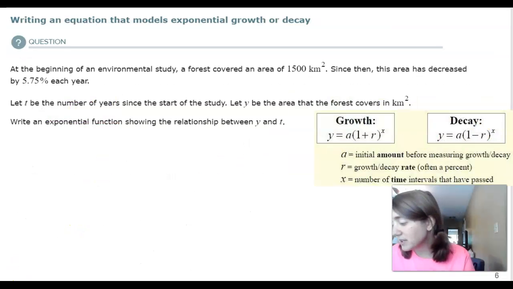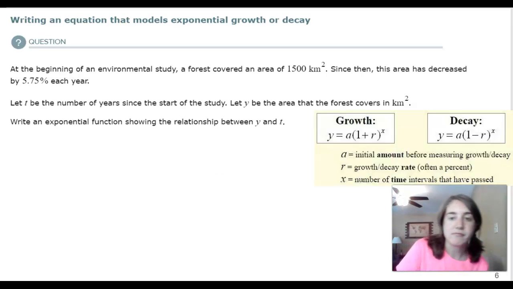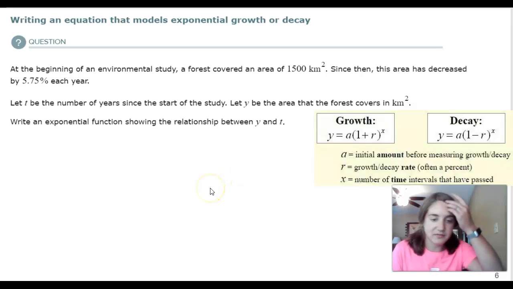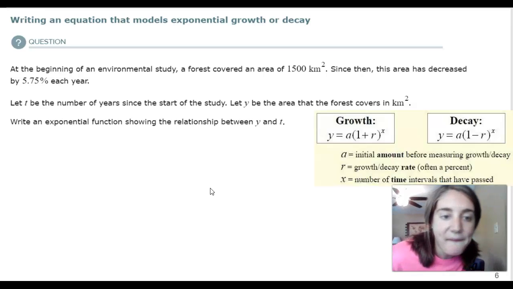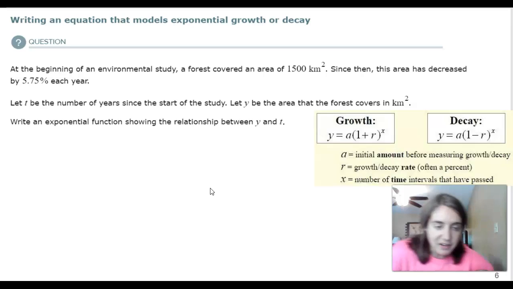Okay, so I'm going to give you guys a second to read this on your own. So it tells us about a forest, the size of the forest, and then it tells us how much it's decreased by 5.75% each year. Let T be the number of years since the study started. It wants us to write an equation in between y and t.